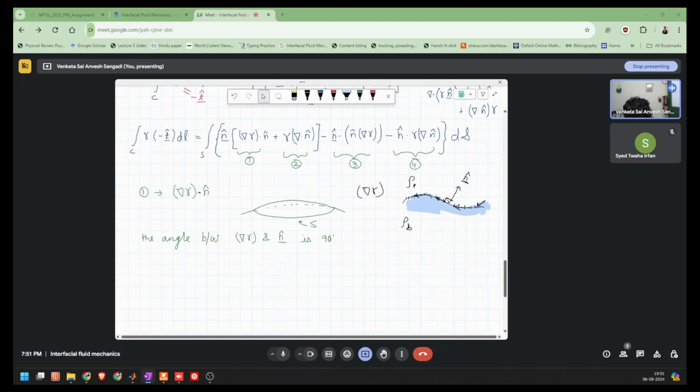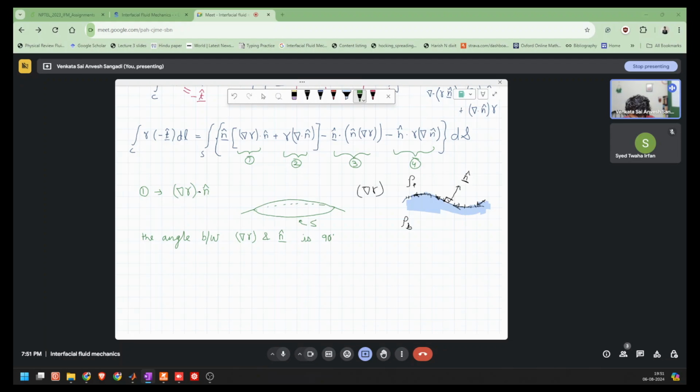This is a crucial point here, and due to grad of surface tension gamma being perpendicular to the normal vector n, this term is always equal to 0.